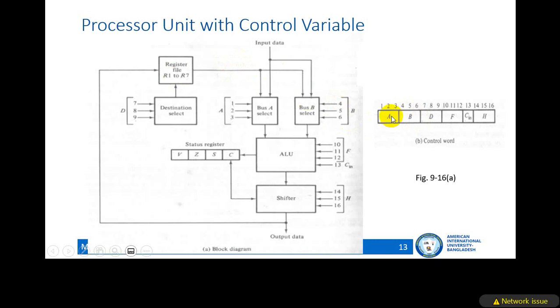So you will supply this control bit over here depending on your requirement. Let's say, for example, if you want to select register R7, you write 1, 1, 1. Suppose you want to select register R1, 0, 0, 1. So depending on your requirement, you will supply the control word. Accordingly, this will come over here. Look at the 1, 2, 3 for A. 4, 5, 6 is for B. So if you specify the proper control bits over here, accordingly, that particular register will get selected for bus A select and for bus B select.